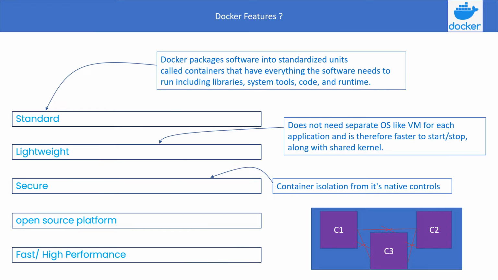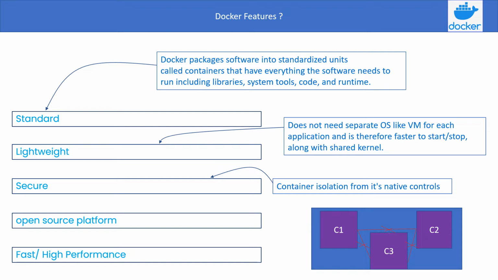Let's talk about the Docker features. As I mentioned, it is a standard offering. Docker packages software into standardized units called containers, which have everything the software needs to run, including libraries, system tools, code, and runtime. That makes it standard. The second feature is lightweight.